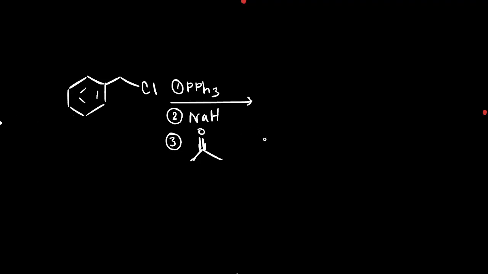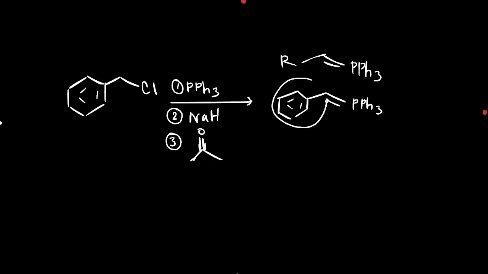So what is that going to look like? Well, if you remember, it's going to look something like this, where we have that benzene. We still have that benzene here, but then we're going to have that double bond here to our PPh3. So again, this was very similar to what we saw before, where in this case, this is our R group.